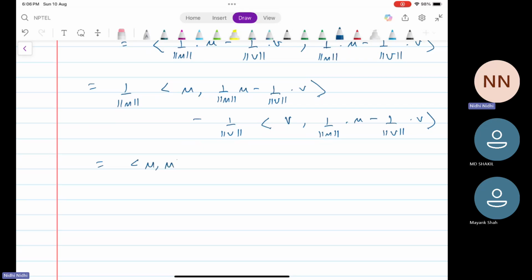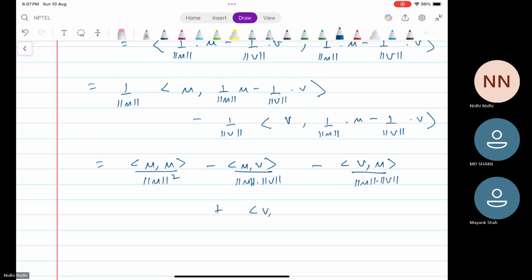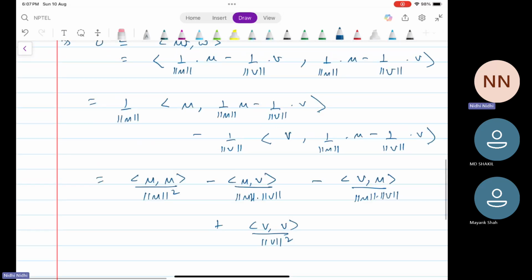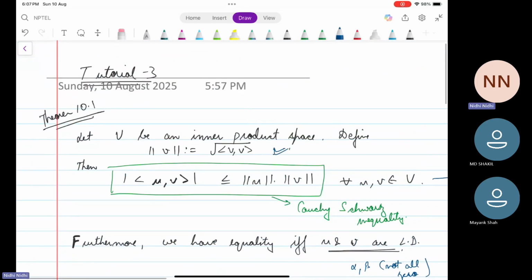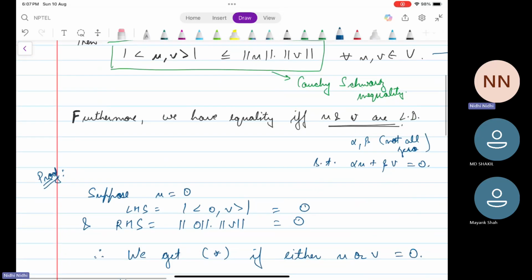inner product of u, u by norm u squared, minus inner product of u, v by norm u norm v, minus inner product of v, u by norm u norm v, plus inner product of v, v by norm v squared. Now, in the way we have defined norm, norm v squared is actually the inner product of v, v.